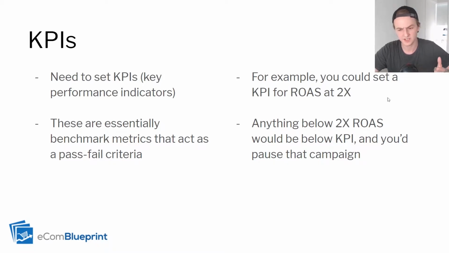So for example, you could set a KPI for your return on ad spend at 2x, right? You could say that's our key performance indicator. Anything below 2x ROAS would be below KPI, and then you would pause that campaign. And so that's how KPIs work. They're just metrics and benchmark numbers that you can use to evaluate the performance of your campaigns. And so I want to show you how to calculate these KPIs now.